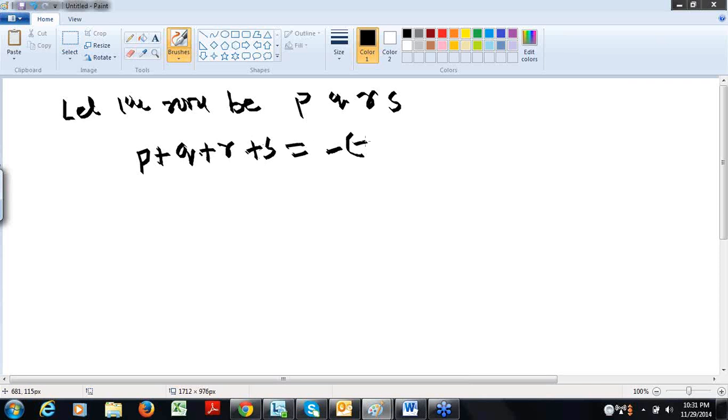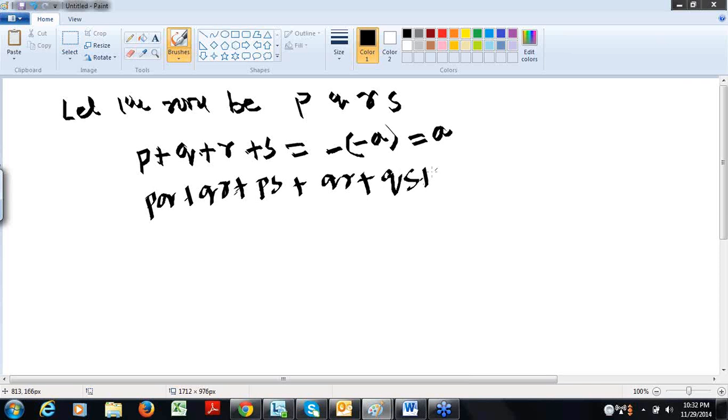Minus of minus A, which is equal to A. Now PQ plus QR plus PS plus QR plus QS plus RS will be what? Will be B.